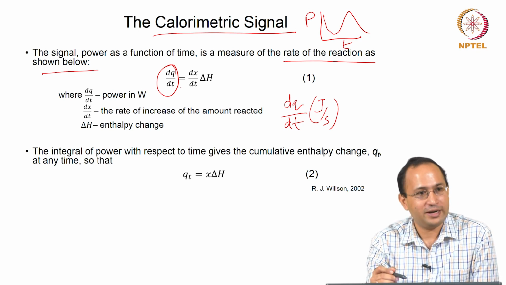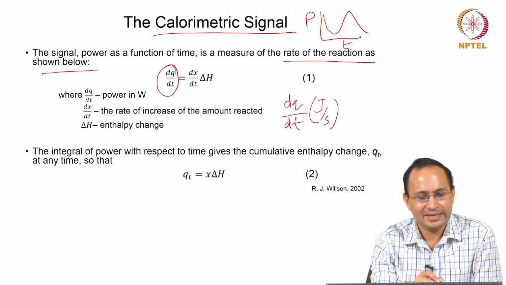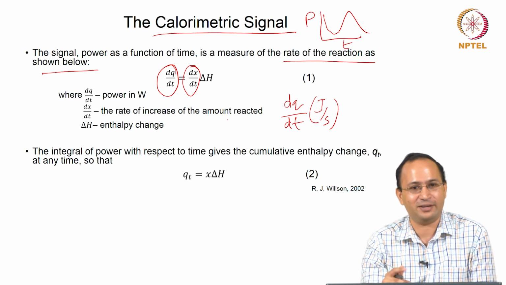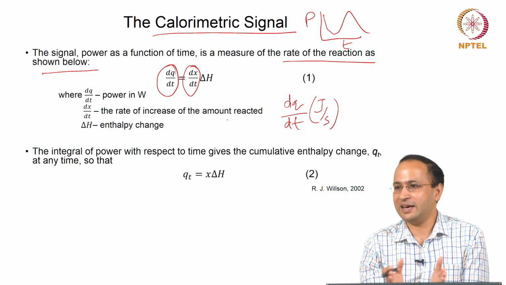Whatever power you are getting is because of some reaction, so you can relate it to dx over dt. dx over dt is the rate of increase of the amount reacted. Obviously, you start with 0% when nothing has reacted.